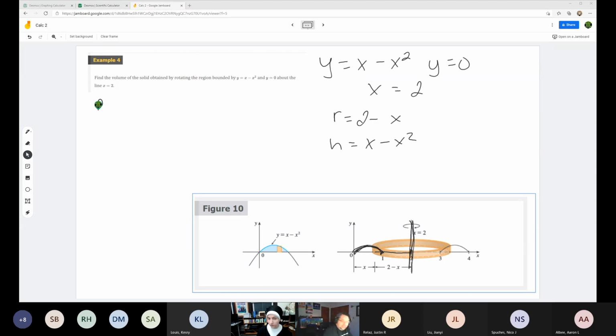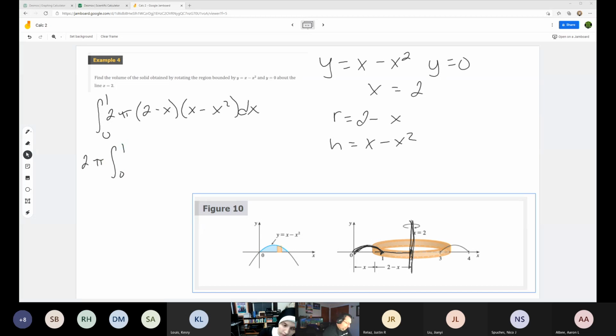So I'm going to do my equation. My function is going to be from 0 to 1, because that's where it starts and where it hits the x-axis, or the y equals 0. So then I have my 2 pi times my radius, which is 2 minus x, times my height, which is x minus x squared, dx. So we can pull out our 2 pi.